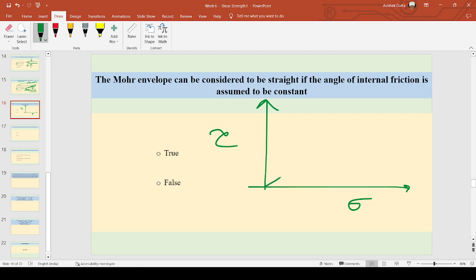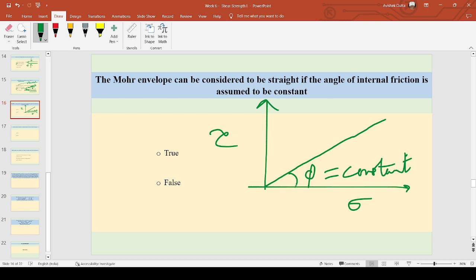If this is a straight line with respect to sigma and tau, and this is the angle of friction, we consider cohesion to be 0, so there is no intercept. This is the angle of friction. Then for a perfectly straight line, this will be constant. So, essentially, if the angle of internal friction is assumed to be constant, then it will give us a straight line in the Mohr envelope.